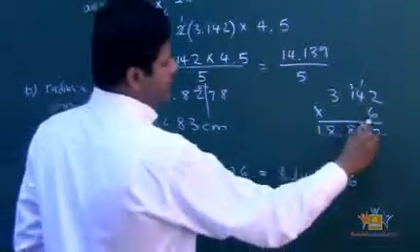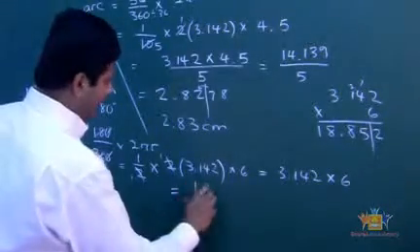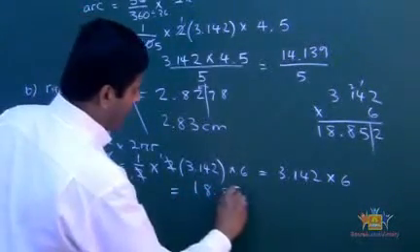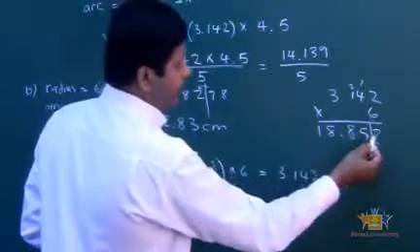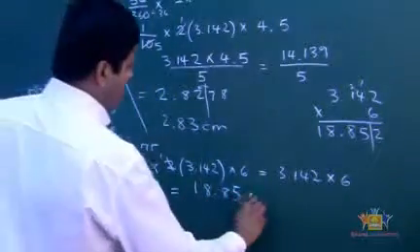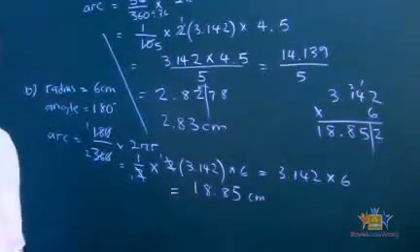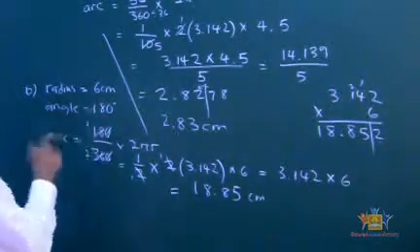So we're using 2 decimal places, so we're going to say 18.85 because the next digit, 2, is less than 5. So we don't add anything, we just put 18.85 centimeters, and that's the arc length for the angle of 180 degrees.